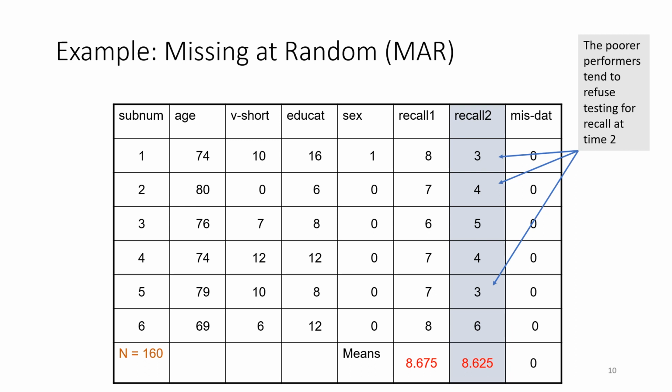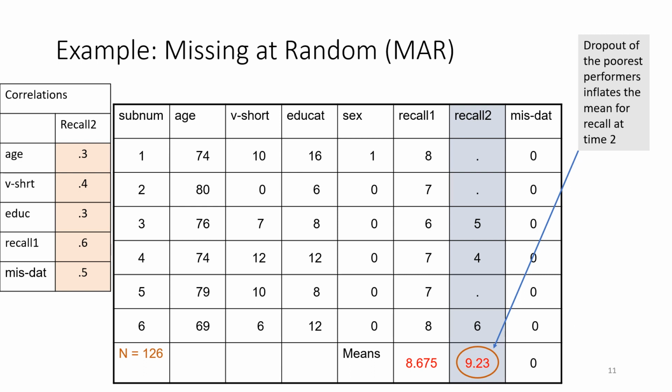In the next slide, you'll see that those values are removed. Pay attention to both the sample size n of 160, which is going to get smaller, and most importantly, what happens to the mean. It's going to change from 8.625 to a new value.